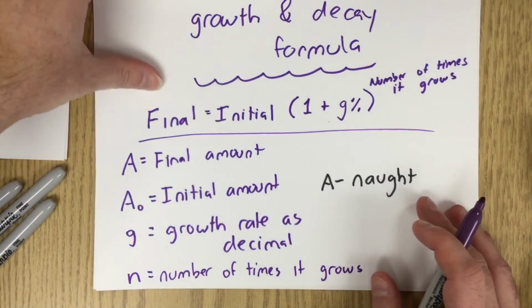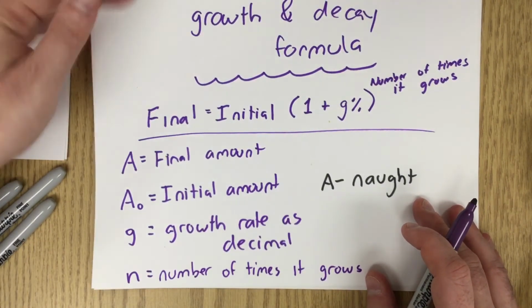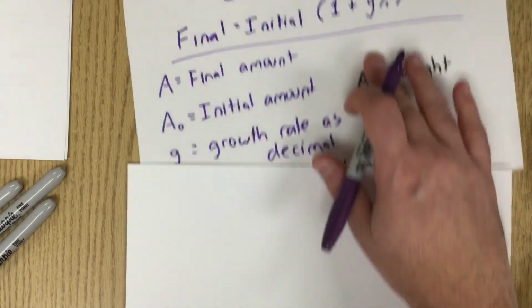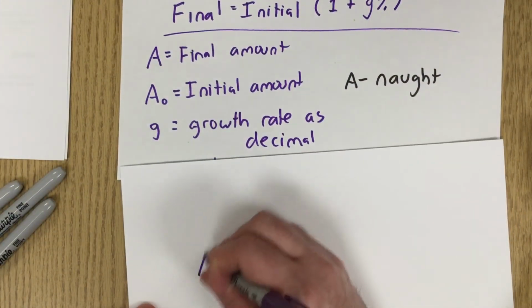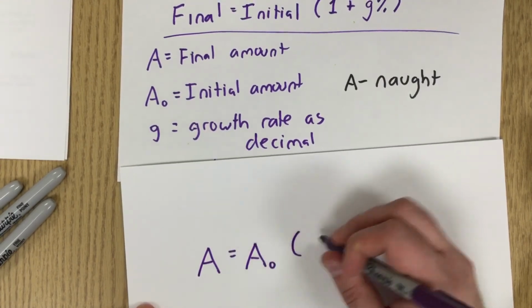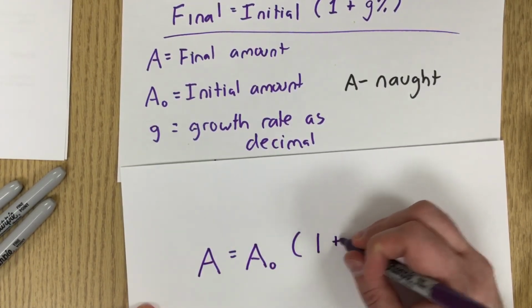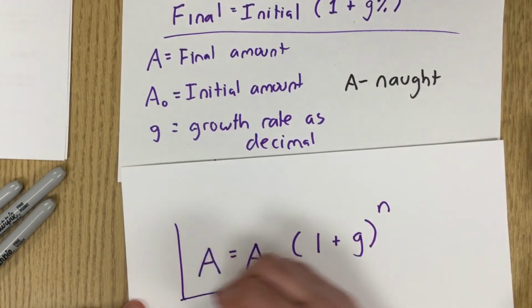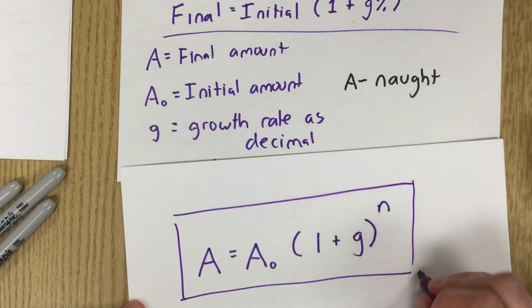And so our formula is going to be A equals A naught times 1 plus G, remember G has to be in decimal, to the N. And that's our generic growth formula.